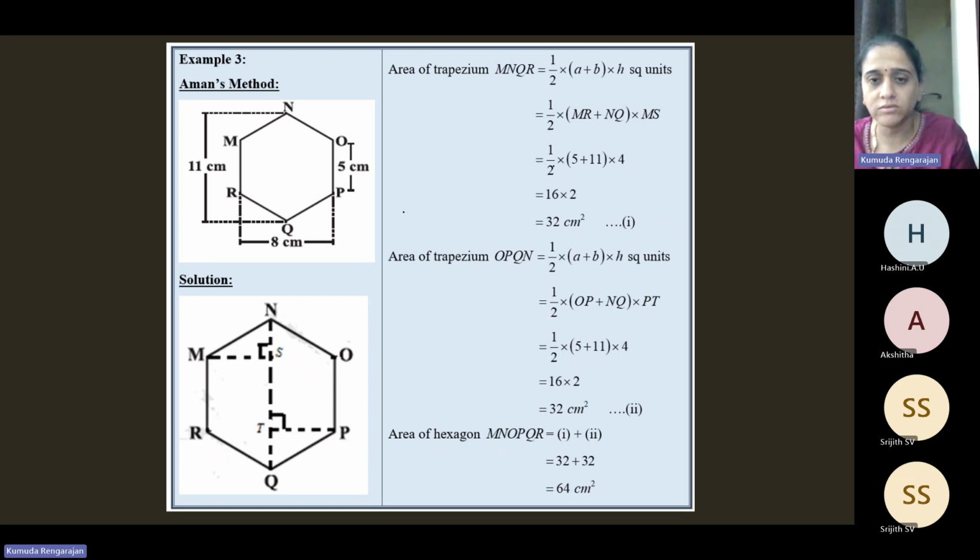This is 2 ones are 2, twos are. One trapezium we have found. One is 32, then the other also 16.